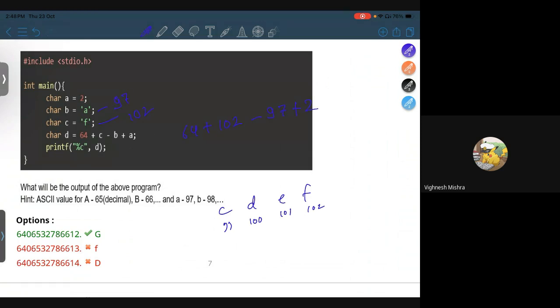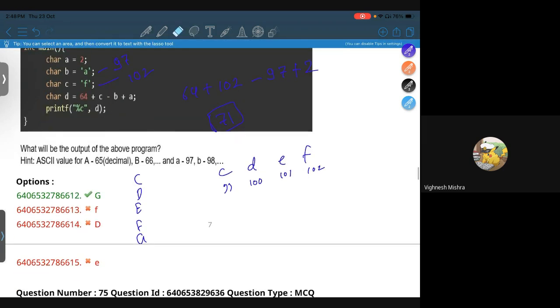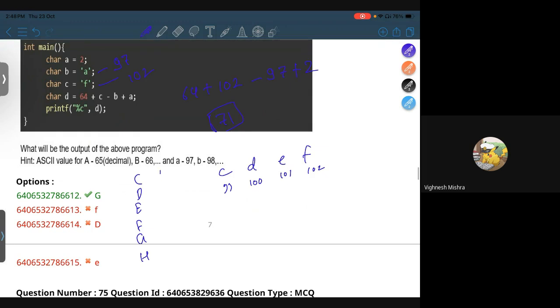So let me just solve this. 64 plus 102 minus 97 plus 2 is 71. And at 71, it should be B, C, D, E, F, G, H. So let's see, 67, 68, 69, 70, 71, G.